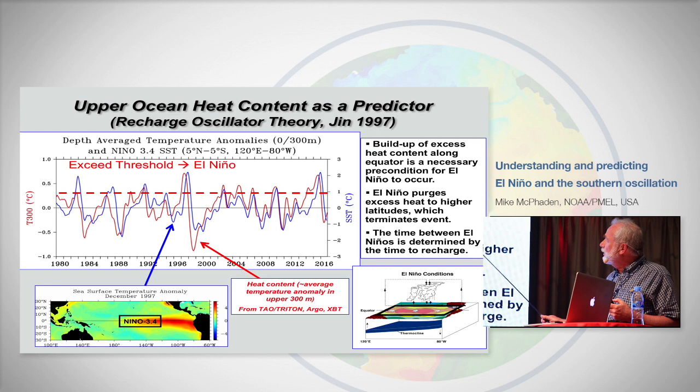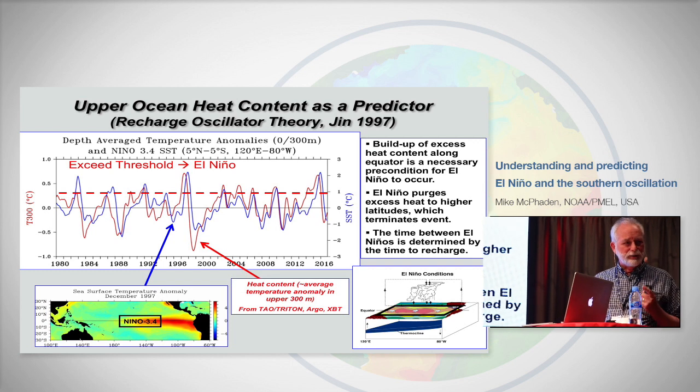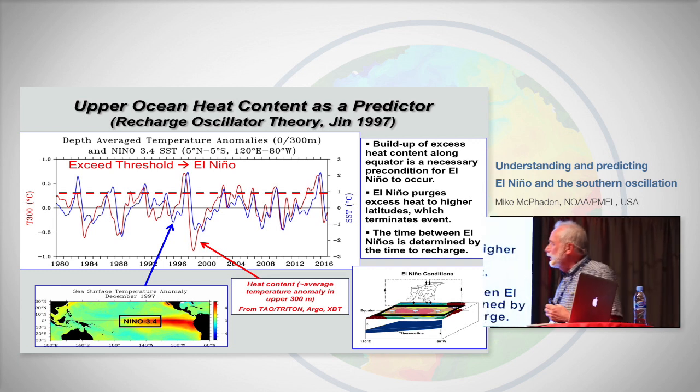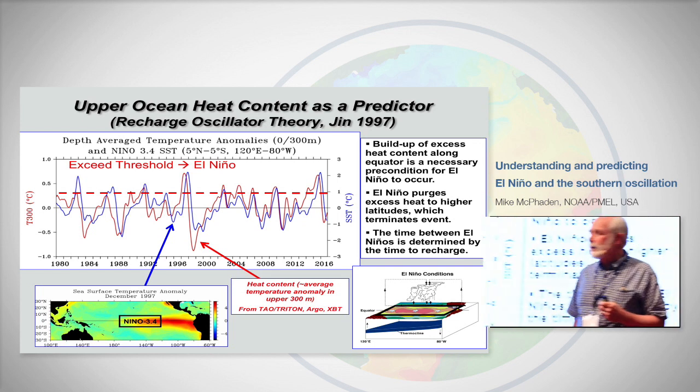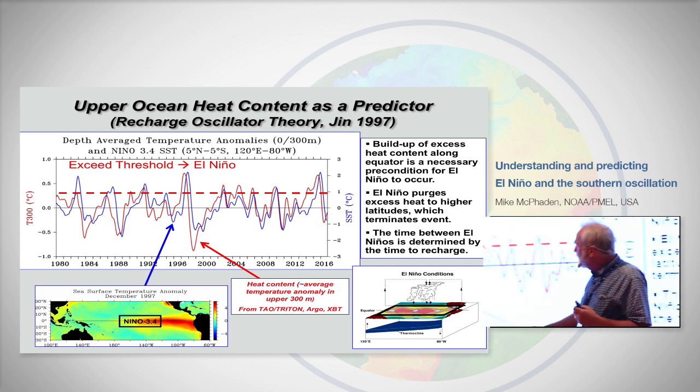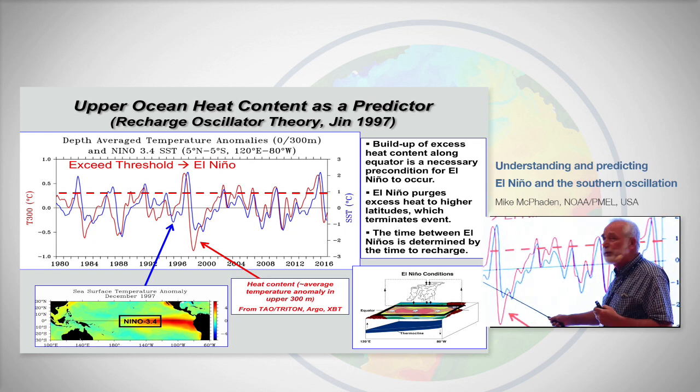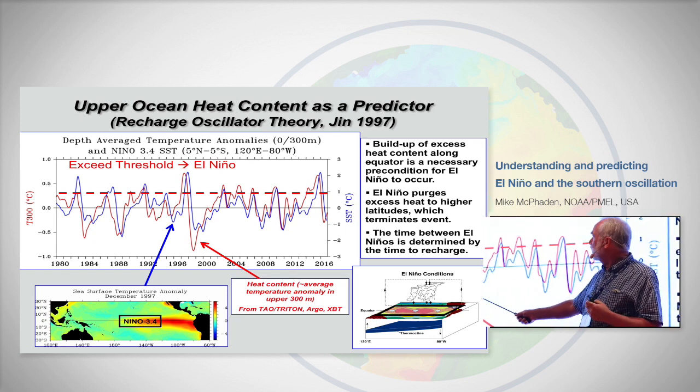Now, it's important to note that this buildup of excess heat content is a necessary but not a sufficient condition. It does predispose the system for the occurrence of El Niño, but there have been buildups of heat content in the record before where we didn't get an El Niño, here, for example.